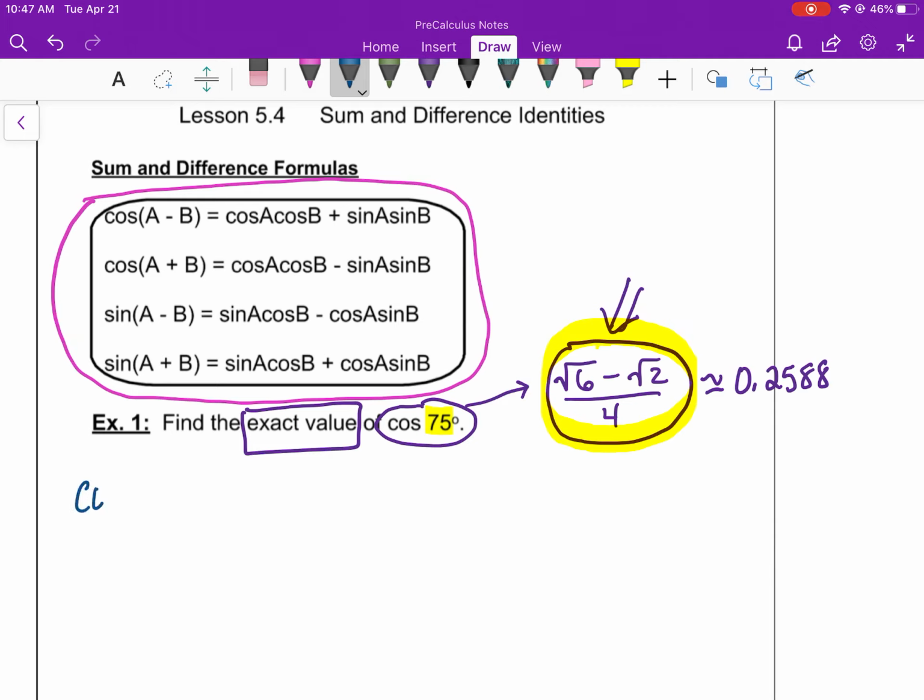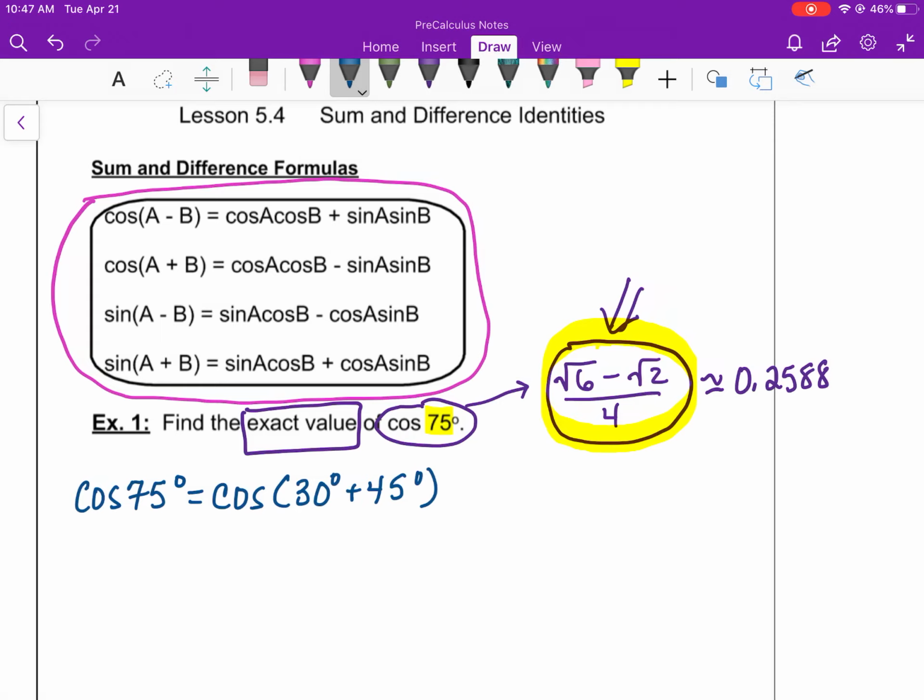So the work's going to look like this. One pair of angles that make 75 degrees that are on the unit circle are 30 degrees and 45 degrees. Now there are other pairs that add or subtract to 75 degrees. This is the easiest pair to come up with.